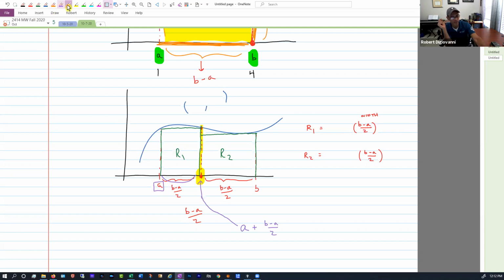Using that same logic, look at this point here. Couldn't I say that that point is start at A, but add to it how many jumps? 2 jumps, right? So I would add to that 2 of the jumps of B minus A over 2.